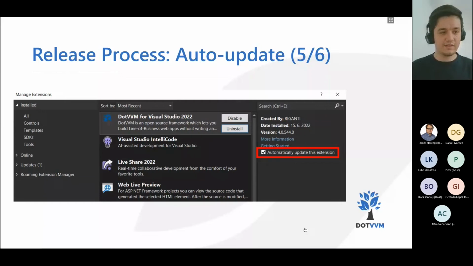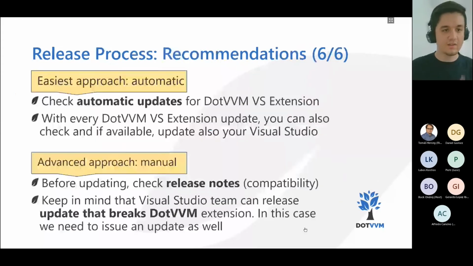And this is a great way to keep your extensions updated, of course. If you are wondering about compatibility with Visual Studio, we will go over that in the next slide.